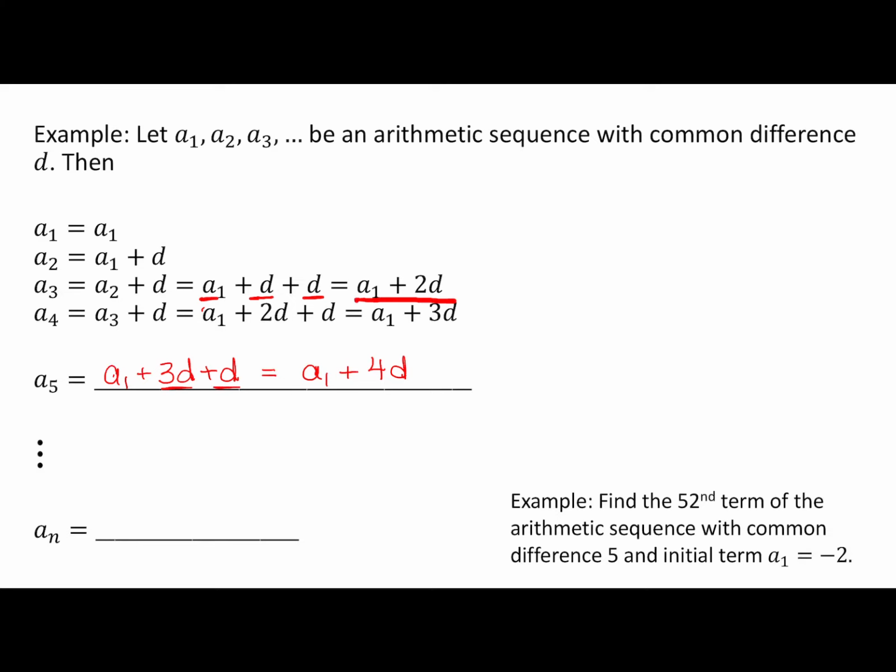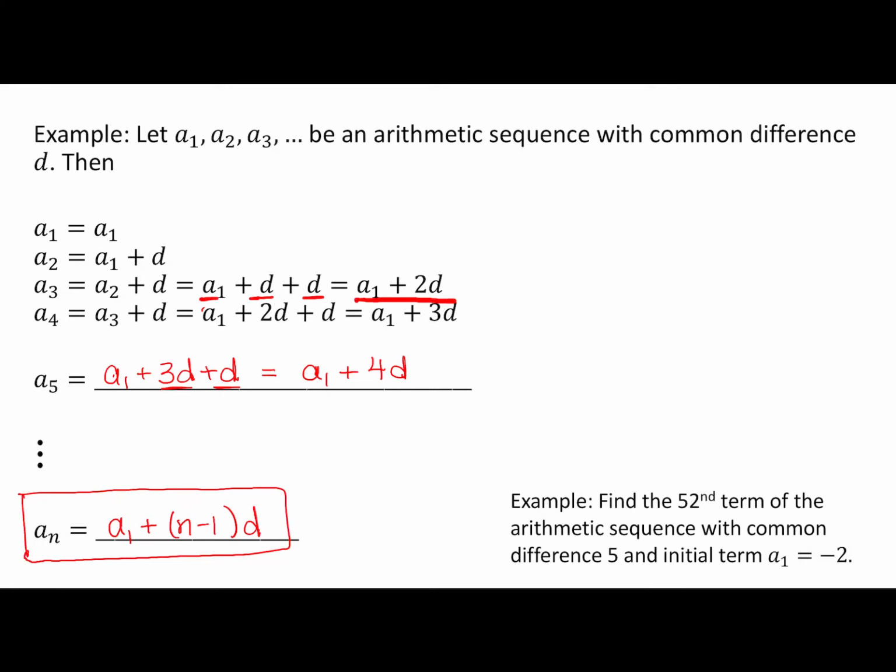All right, again, we should recognize the pattern. It's the same pattern that we saw in the previous example, except now we have letters instead of specific numbers. So A n is going to be the first term of my sequence, A1, plus n minus 1 times my common difference D. This is a formula you'll want to have memorized.